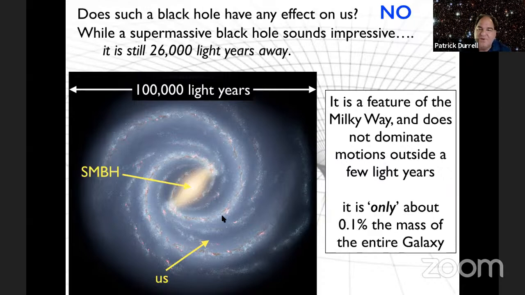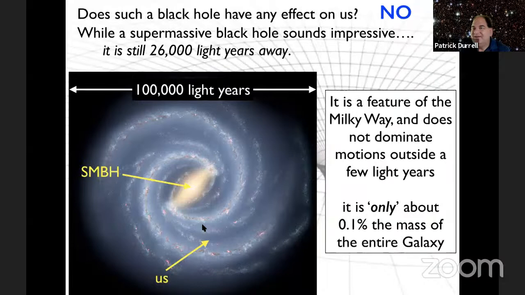This is a computer-generated image of what we think our galaxy looks like, a beautiful barred spiral galaxy. The supermassive black hole is deep in the middle, and we're out here about halfway to the edge of the Milky Way, at least the stellar disk of the Milky Way. Is that a problem? No. It never will be a problem.